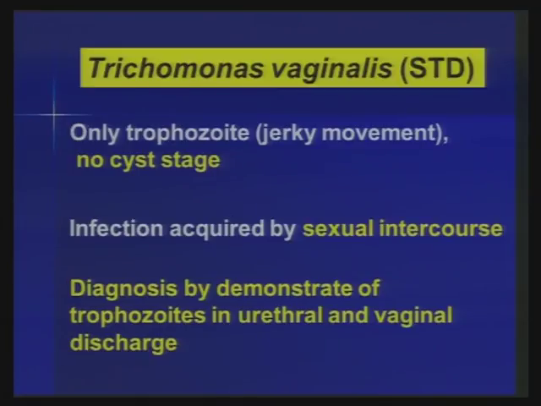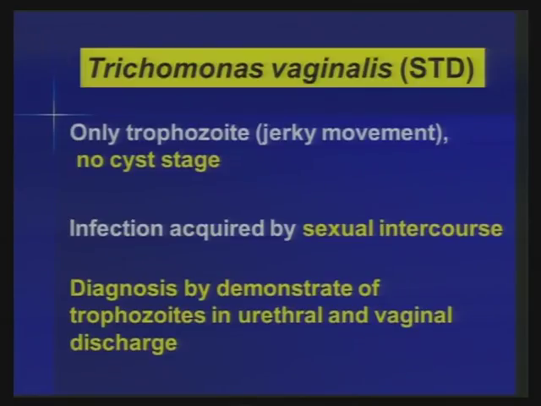And the last one is the sexually transmitted disease caused by Trichomonas vaginalis. Again, when you see this trophozoite, you can tell from the jerky movement, and no cyst.